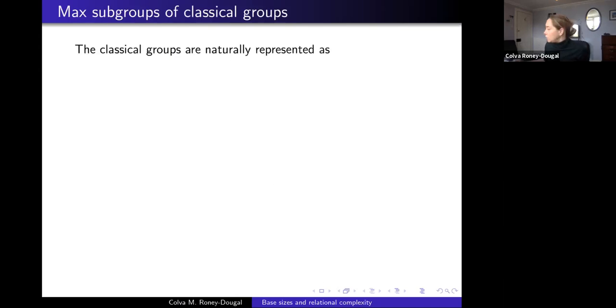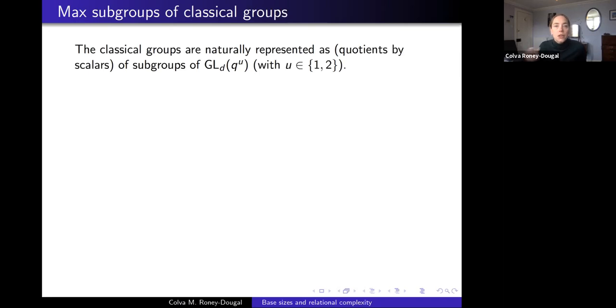So let's switch now. I just said I was going to talk a little bit more about classical groups, so let me talk a bit more about classical groups. I don't want to get into lots of technical details about the classical groups, so let me just say that they're naturally represented as, to be precise, quotients by scalars, but subgroups of the general linear group. Think of them as groups of matrices over finite fields. q is a prime power, u is either 1 or 2.